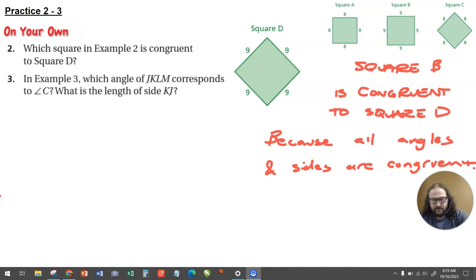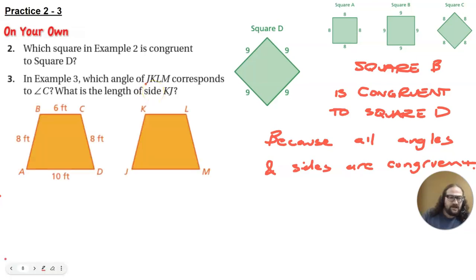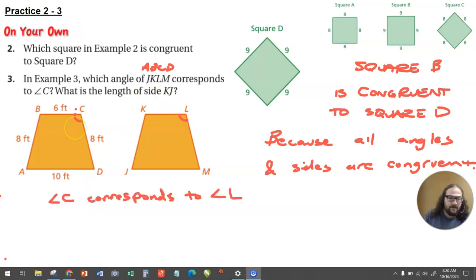In example 3, which angle of JKLM corresponds to angle C? Well, if we think about this, A, B, C, D, C is in the same position as L, and if you look at the picture, L is in the same position, so angle C corresponds to angle L. There's another question, what is the length of side KJ?